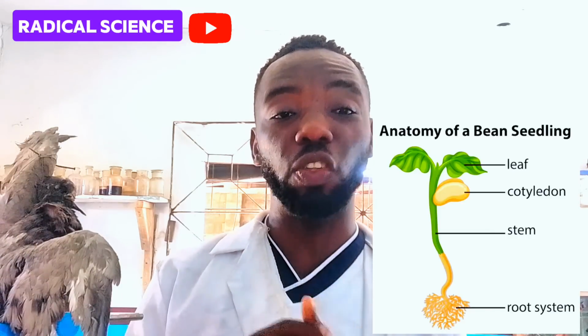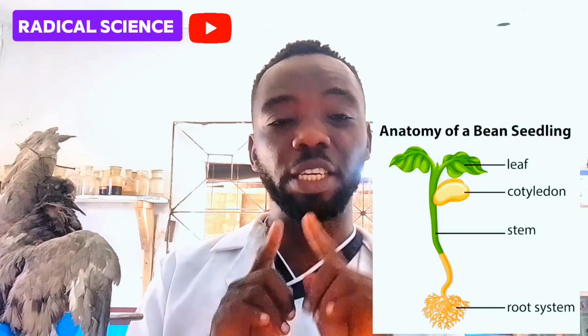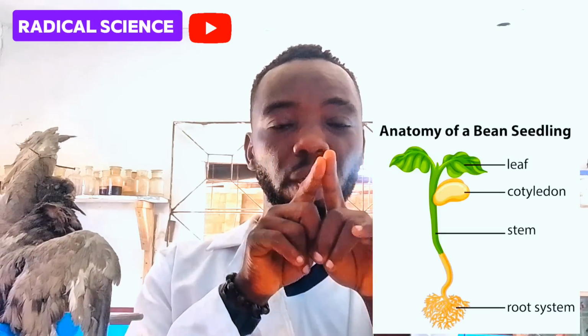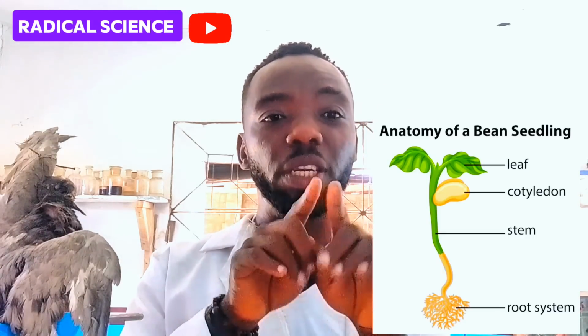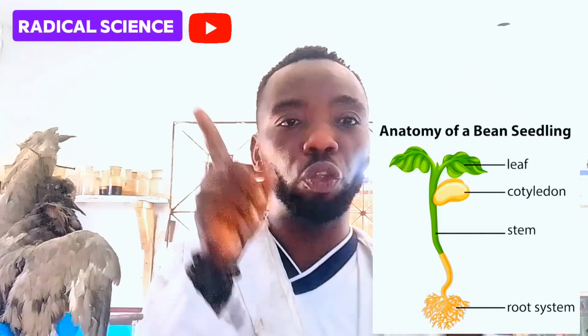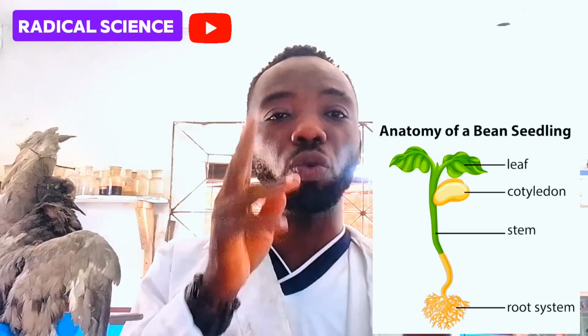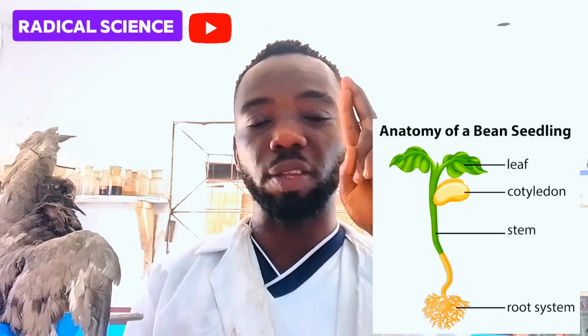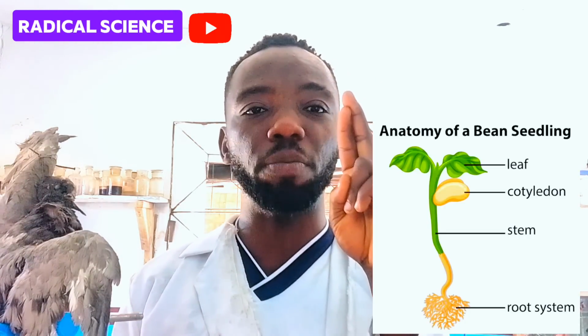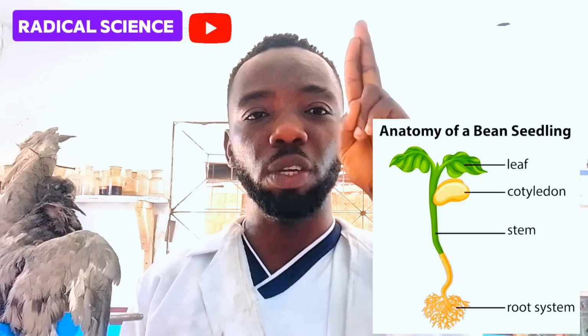That is to say that when it begins to germinate, it does not just germinate like this. It germinates like this. The leaves are usually two. It comes out in two, just like this. After some days, it will split like this. Another one will shoot out and spread like this.